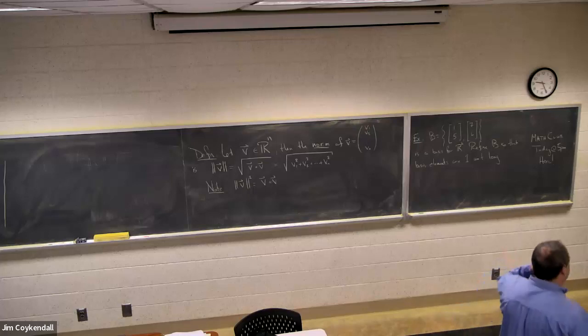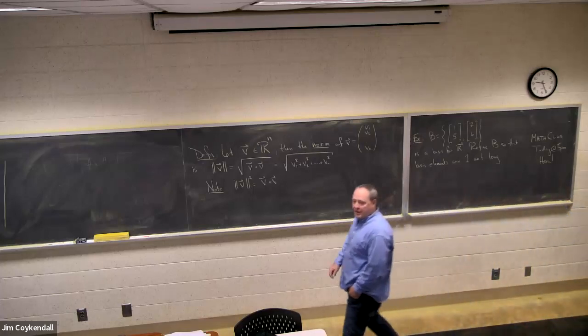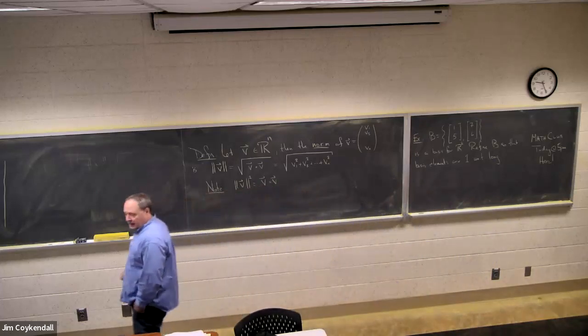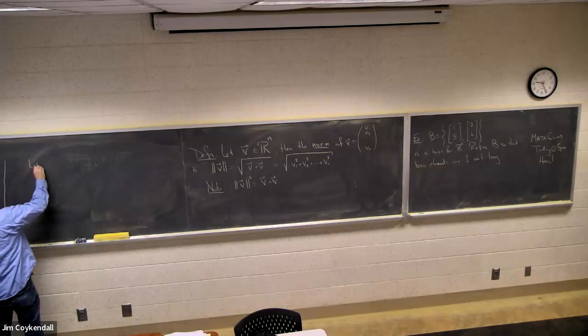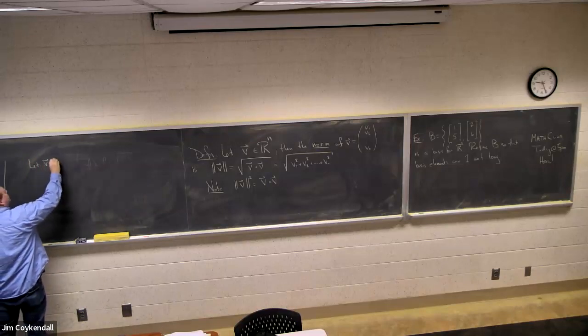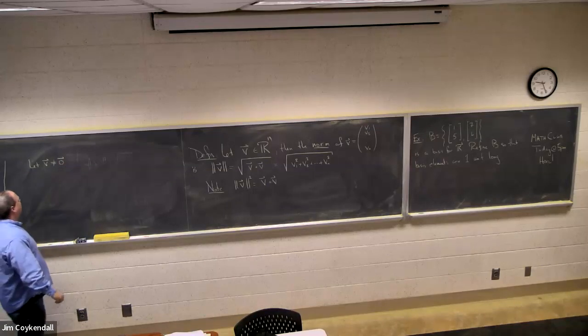So I want to refine this so that I can take two basis elements that are parallel to the original vectors, but only 1 unit long. How would I do that? Here's a more general question we're going to use to answer this. Let V be not the zero vector.